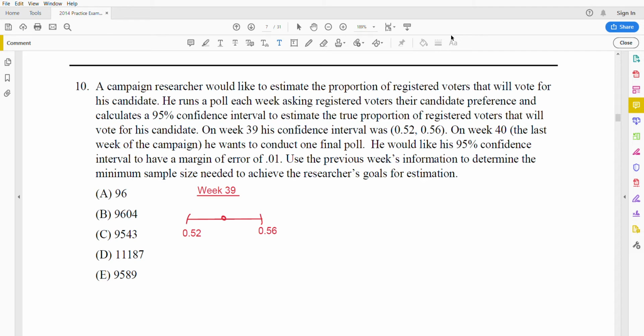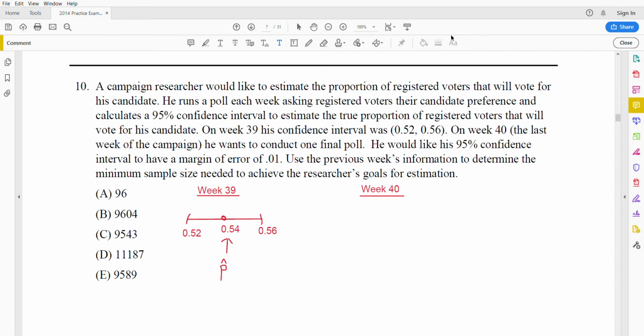So just doing mental math, you know that the midpoint, the center, is going to be 0.54. And that center is the sample proportion. That was the estimate he got from his week 39 poll. So we're going to label that p hat. That's the information we're going to use from week 39 to figure out how he's going to get a margin of error of 0.01 in week 40.